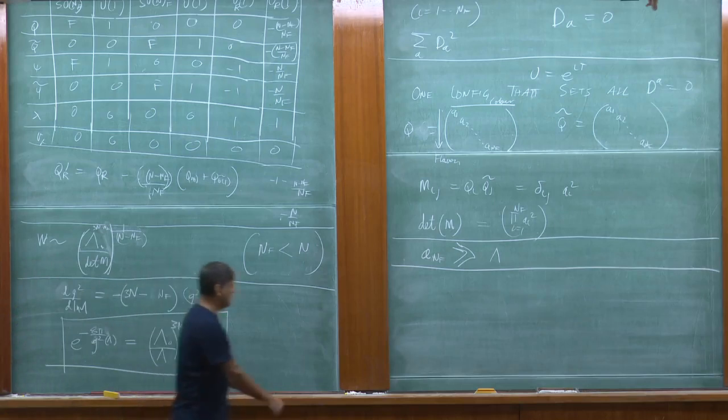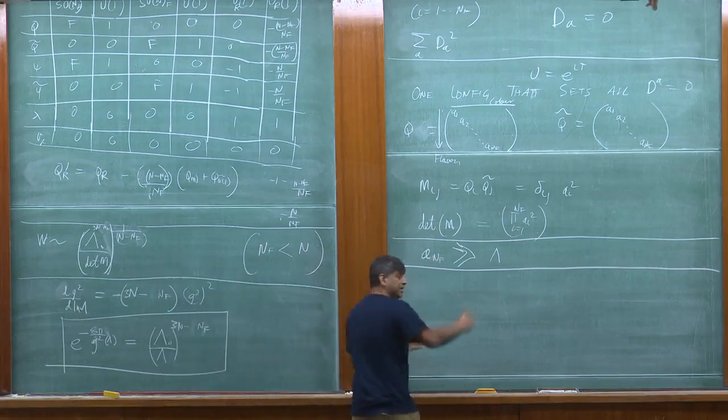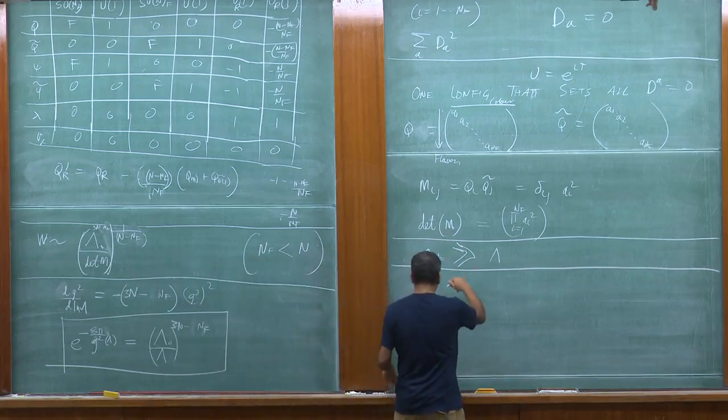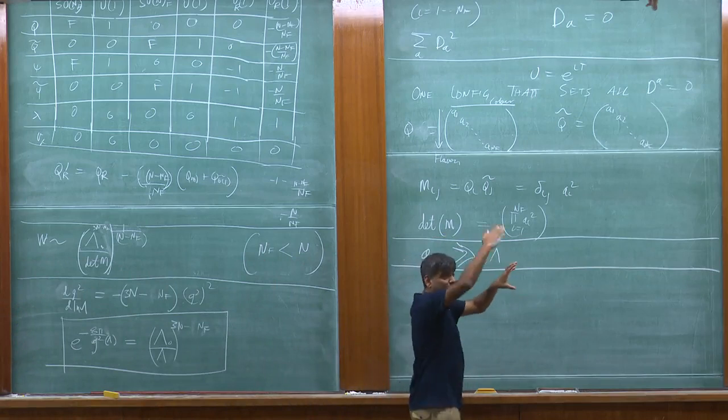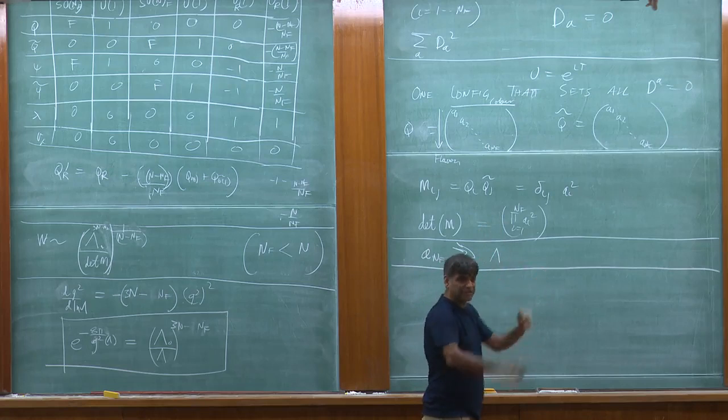So what we're going to do is to take the coupling constant of this theory and follow how it runs as a function of scale.